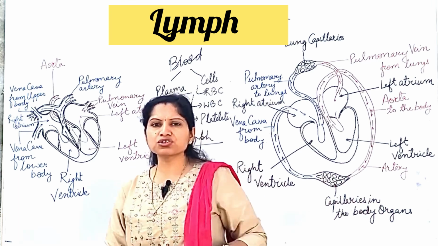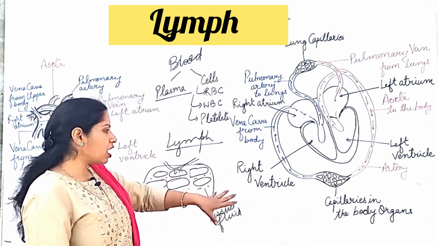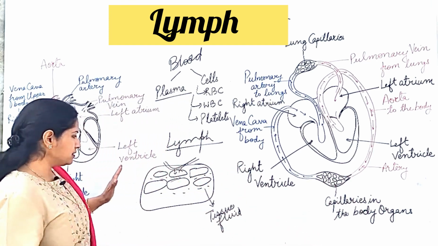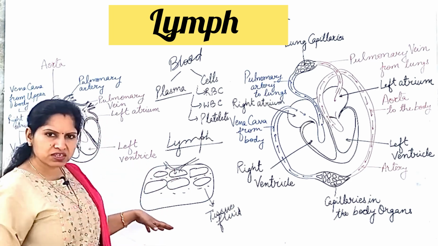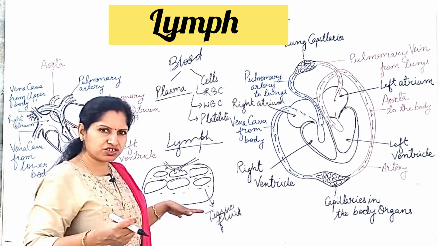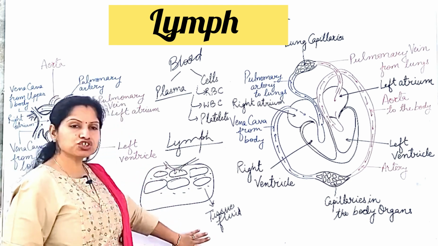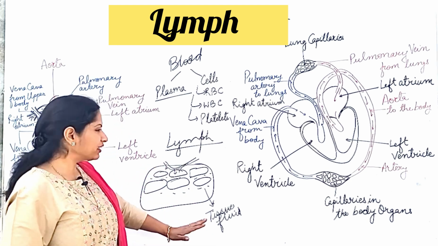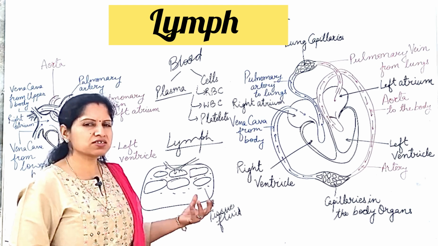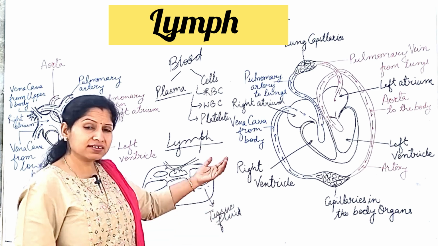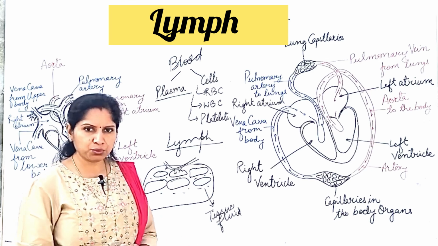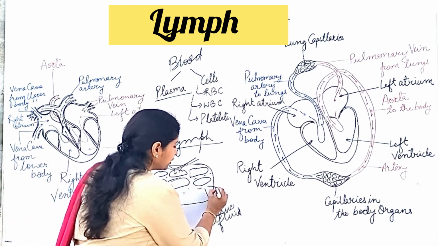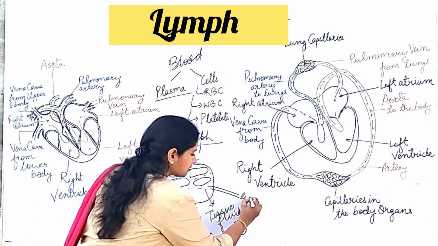Now this tissue fluid also needs to be circulated. How is it circulated? From the capillaries, some fluid oozes out, comes outside, and that forms the tissue fluid. Now this tissue fluid cannot enter back into the capillaries because it doesn't have enough pressure to enter them again. So where will it go? It will go to some lymph vessels.